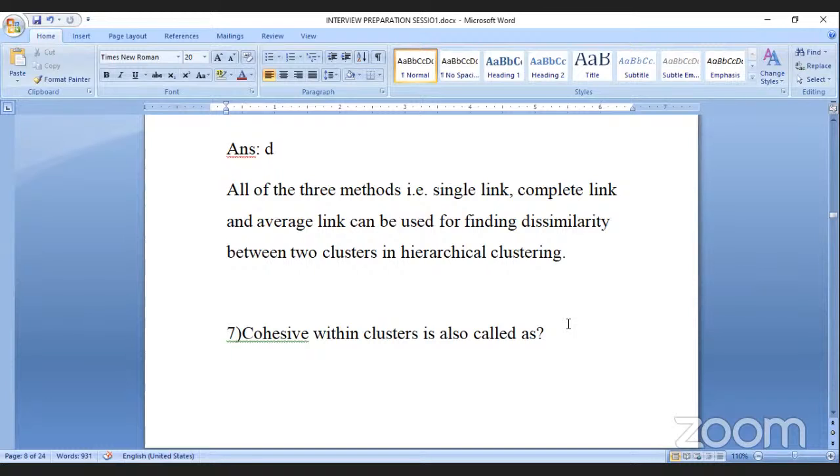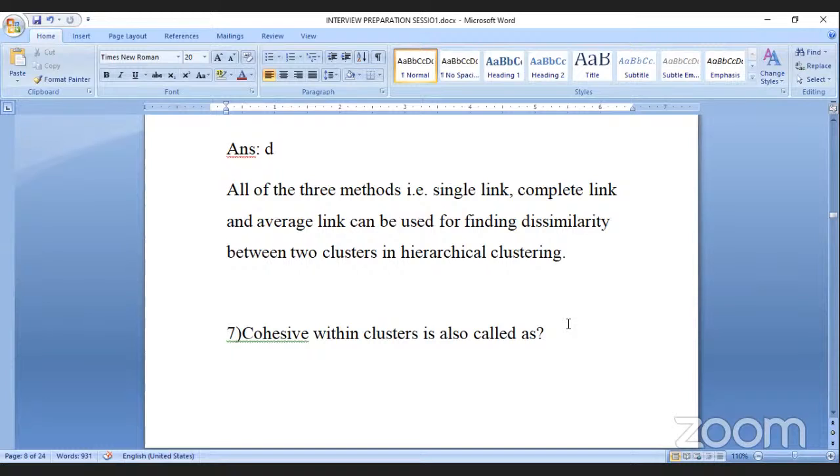Downward flow of dendrogram. Good try, Abdul. Similarity between the clusters. Good try, Nilima. It is close. Any answers, friends?